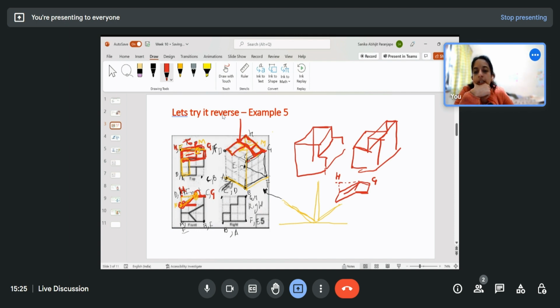So now here it corresponds to this column of the cuboid. So this is top view, this front view. Yes, so this column of the cuboid.